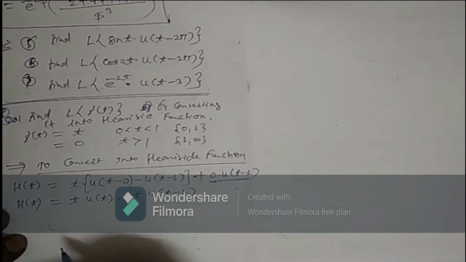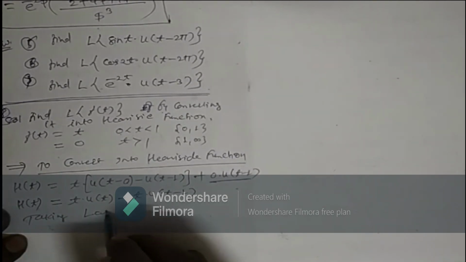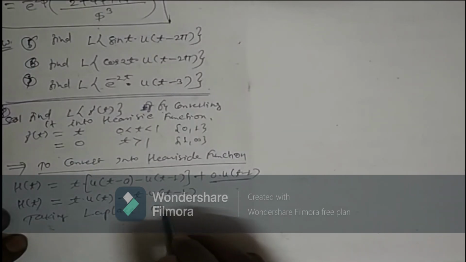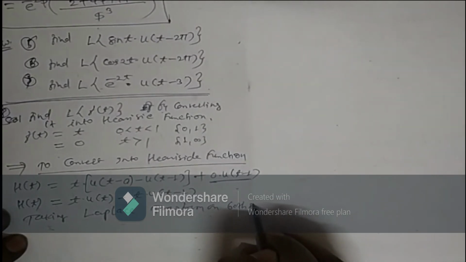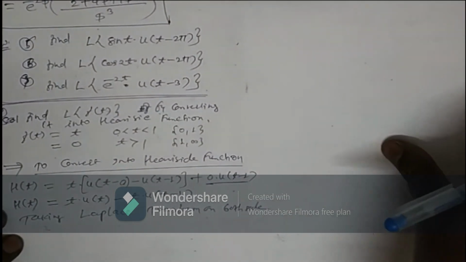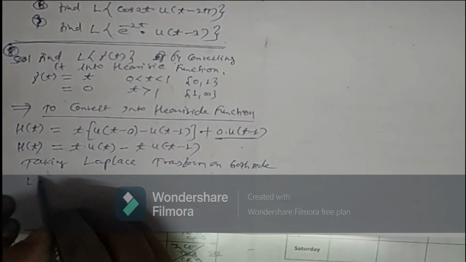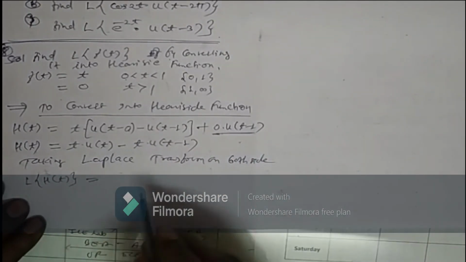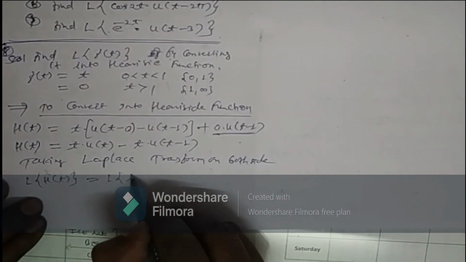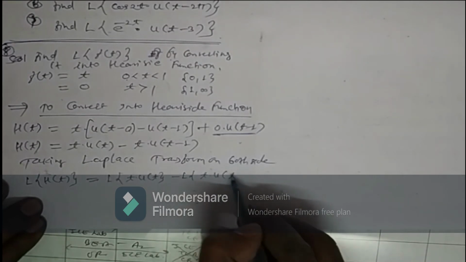Now taking Laplace transform on both sides, what we get? Laplace transform of h of t or u of t is equal to Laplace transform of t into u of t minus Laplace transform of t into u of t minus 1.